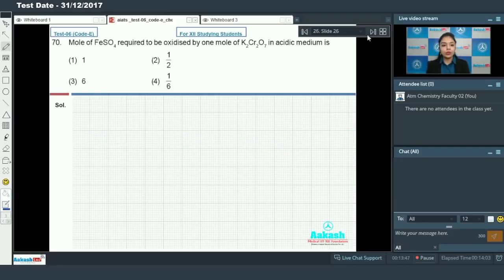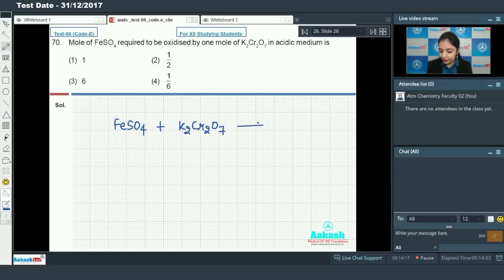So moving on to the next one, you have question number 70, which asks the moles of FeSO4 required to be oxidized by 1 mole of potassium dichromate in acidic medium. So first of all, write down the reaction of ferrous sulfate with potassium dichromate.